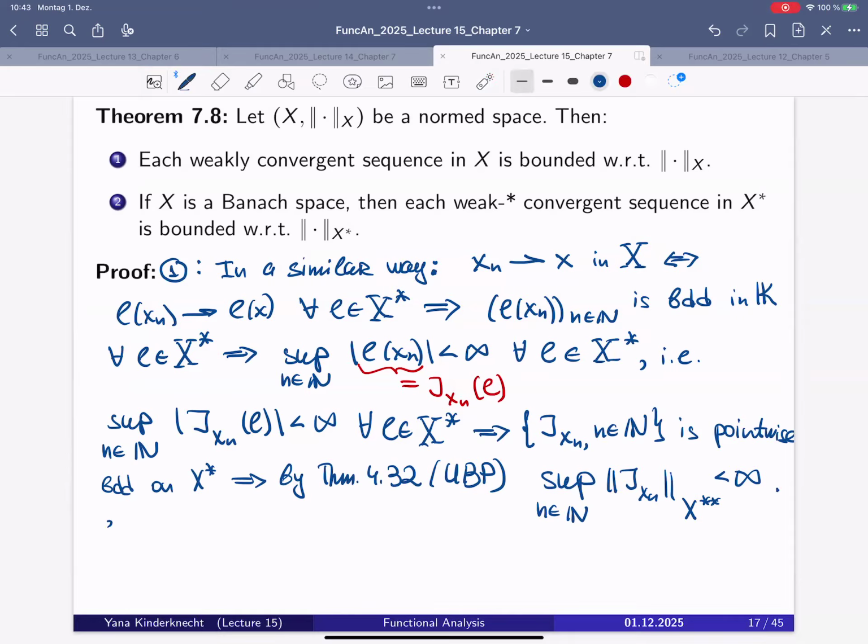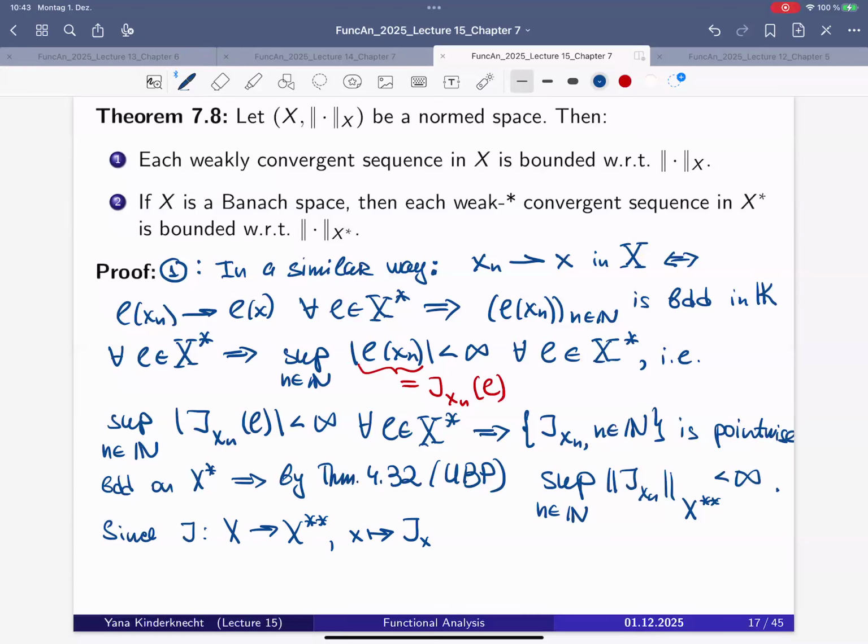Okay, since J, which maps x into x two stars, and a point will be mapped onto this mapping, point evaluation.